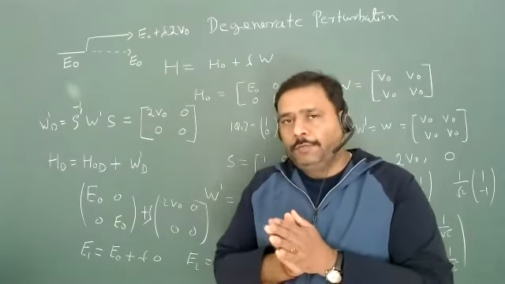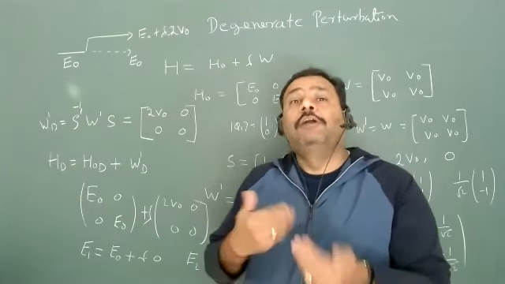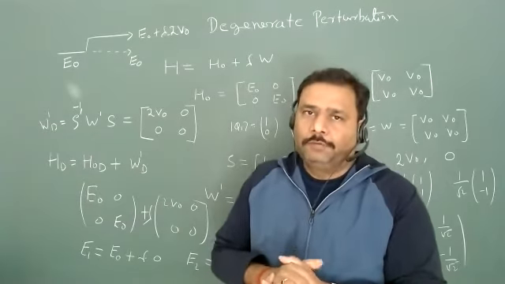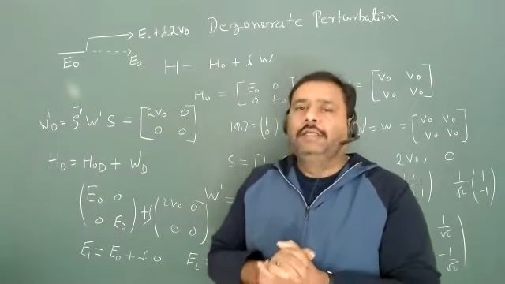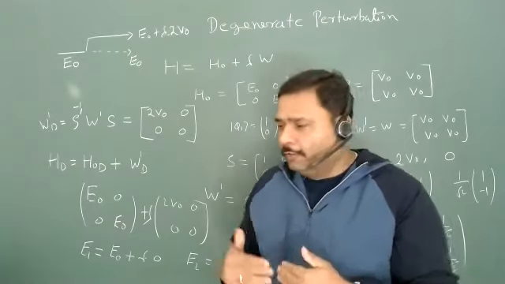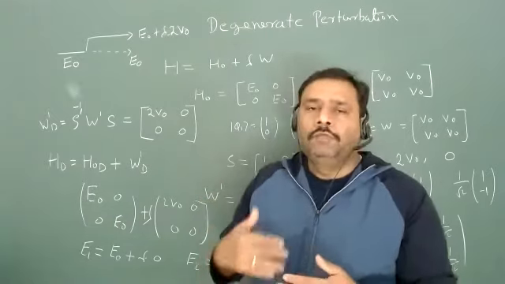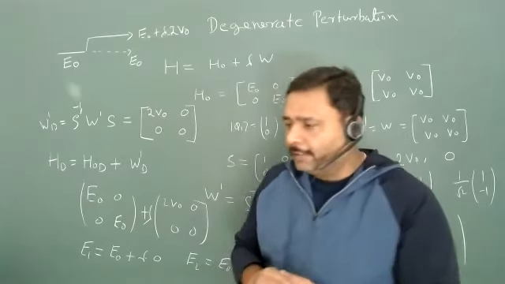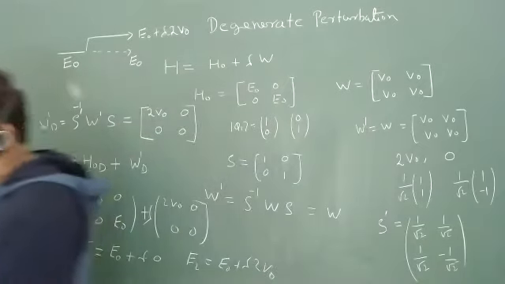Now let us go for a problem where H naught is not diagonalized. Then how should we approach it? Here we have to do some more steps to calculate. Okay, so let us go for that problem.